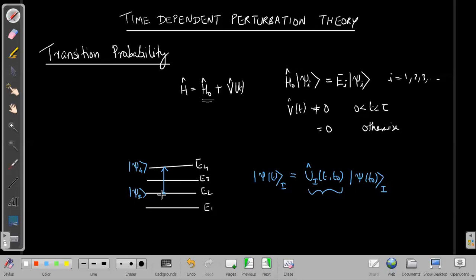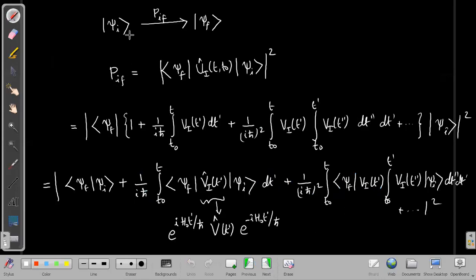So if the system is in some state, what is the probability to reach some other state in the presence of perturbation? We can calculate that by taking the inner product between the initial state and final state with this U_I. From state i to state f, the transition probability is the inner product psi f U_I psi i, mod square, because U_I gives the time evolution, the dynamics of the state in the interaction picture.